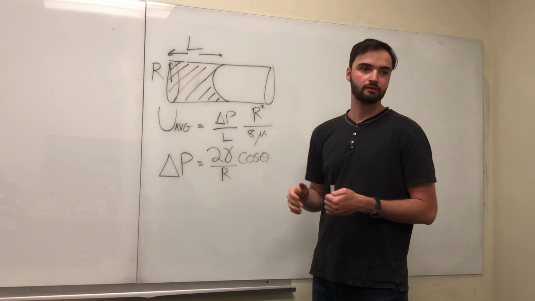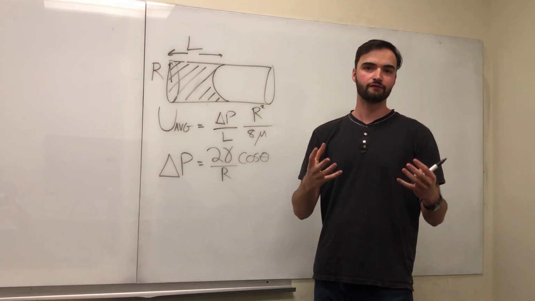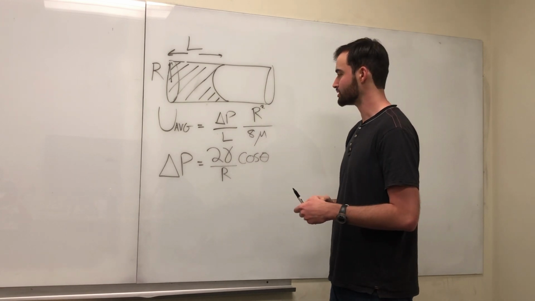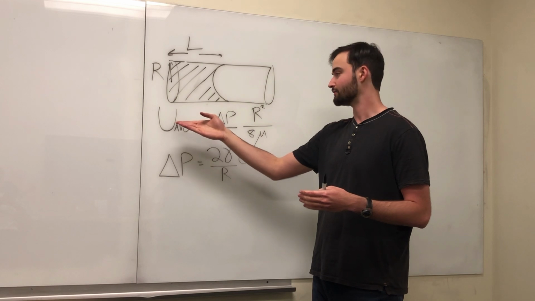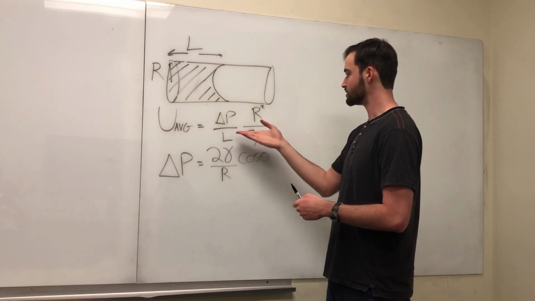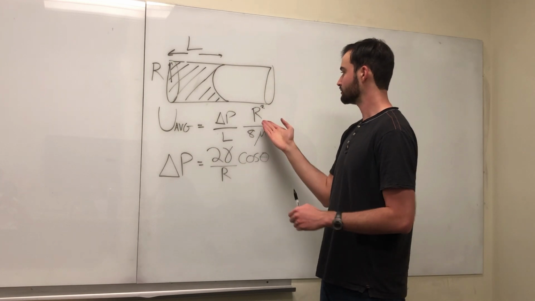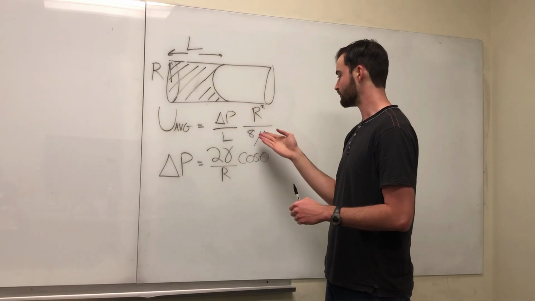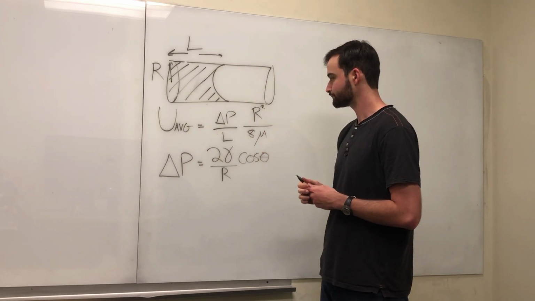So for the next step, Washburn assumed that Poiseuille flow applied to this situation, where the average velocity is the pressure difference over the length, times the radius squared over 8 times the dynamic viscosity.